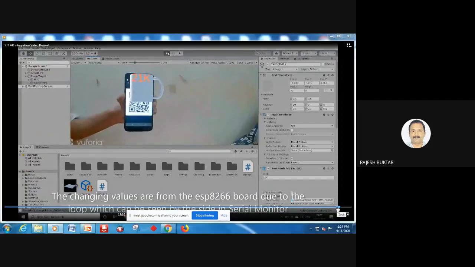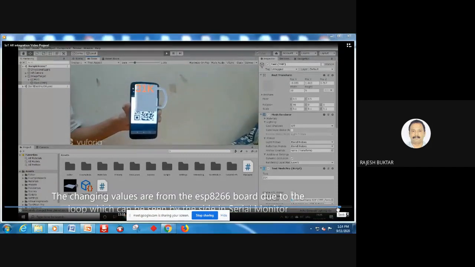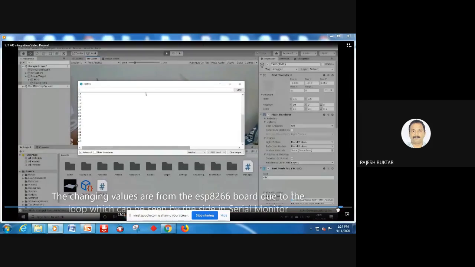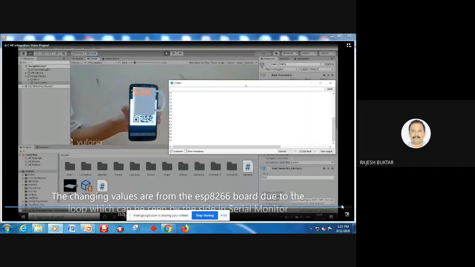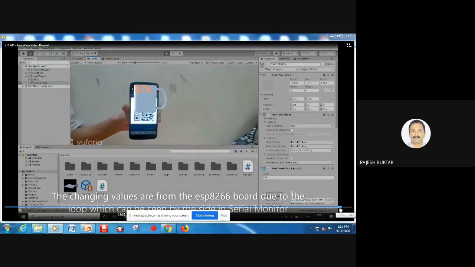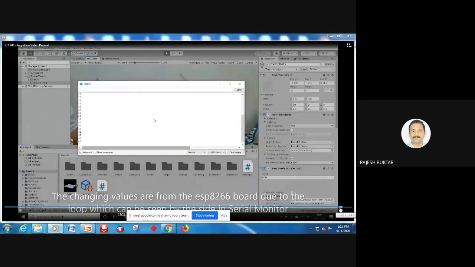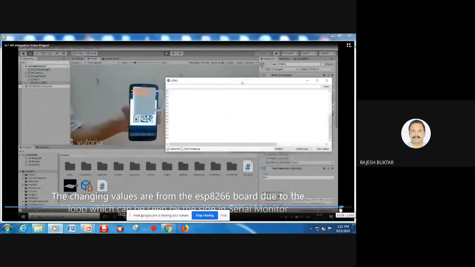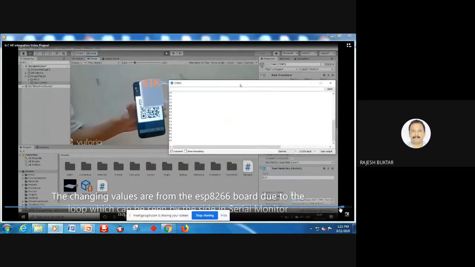Yes, you can see here they have scanned. There is a 3D model of a cup on which the readings are there, 37, 38, 39, 40. Have you seen that? Yes, you can see. It means that the IoT sensor readings are overlaid on the AR model.